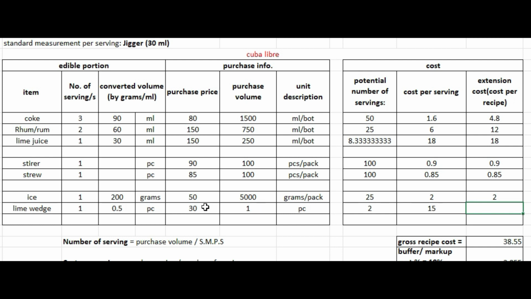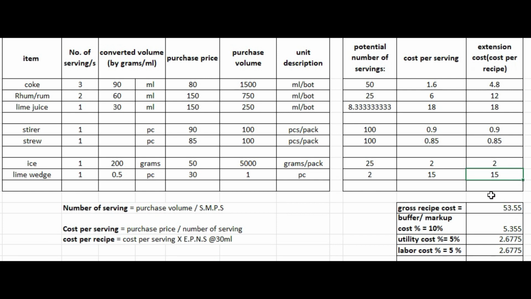So for our cost per serving, just simply divide the purchase price with our number of serving. So therefore, a cost per serving of 15 pesos, and then for our extension cost, just simply multiply our cost per serving to our number of serving under edible portion. So therefore, the answer is correct.